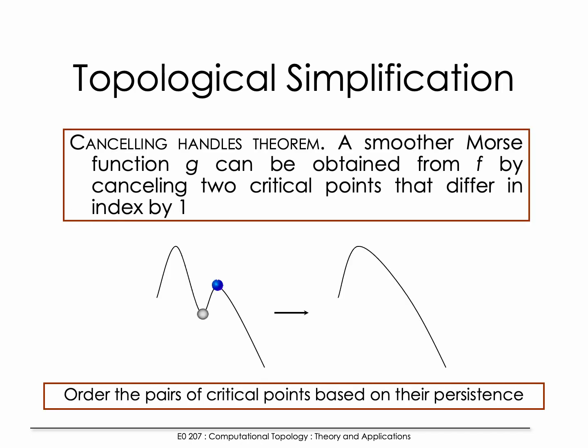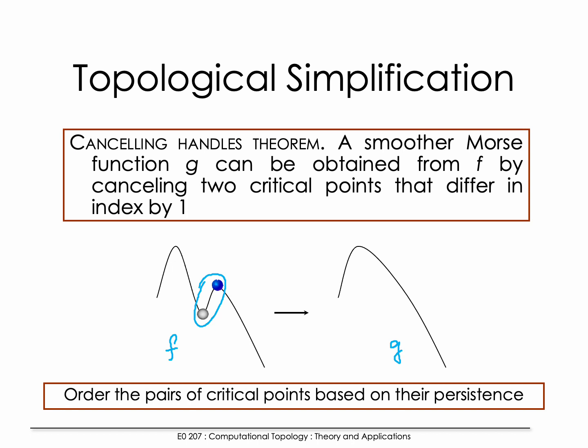So this is what we had seen in the earlier classes on the Morse-Smale complex, where given a function f, we can obtain a smoother function g by cancelling a pair of critical points. Now what we are saying is that we can order the pairs of critical points by looking at their persistence or lifetime. This indicates the effect that the cancellation is going to have on the function.